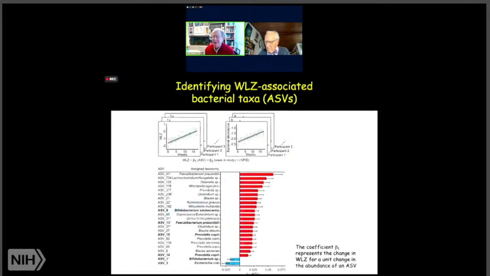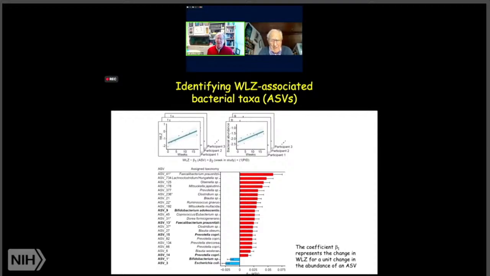And those results shown here disclosed 23 different taxa that were defined as statistically significant in terms of their associations with WLZ. And 21 of them are positively correlated, 2 are negatively correlated.